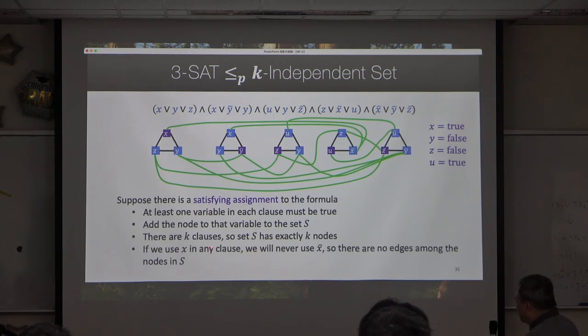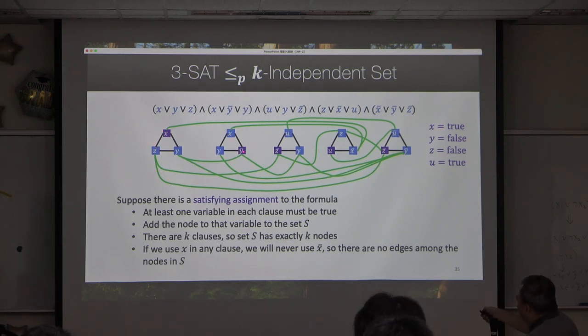If we use X in any clause, we will never use X bar, so there is no edge among the nodes in S. There's no contradiction, so if we select X here, X is true.